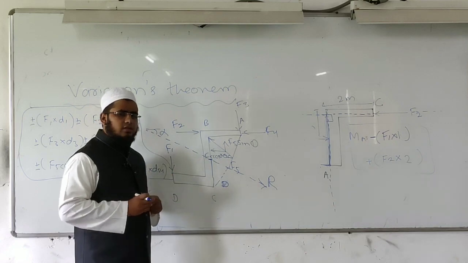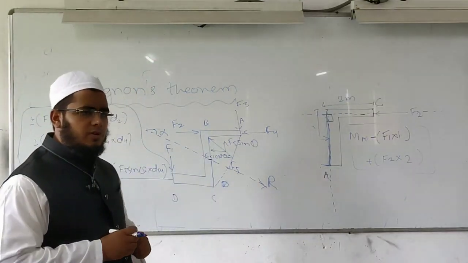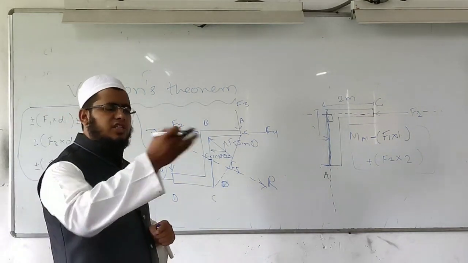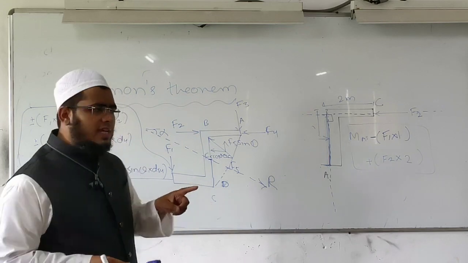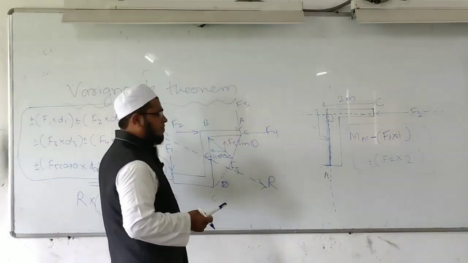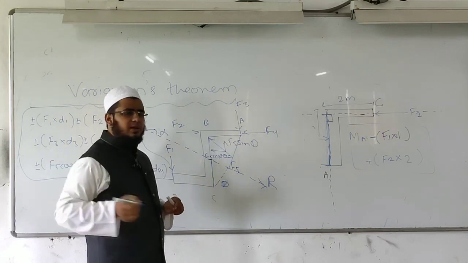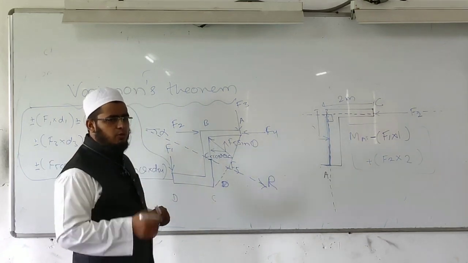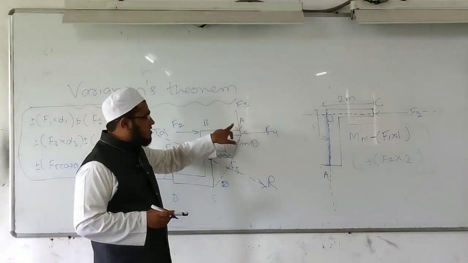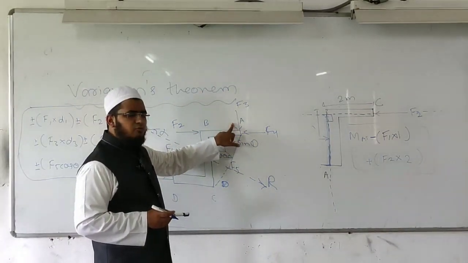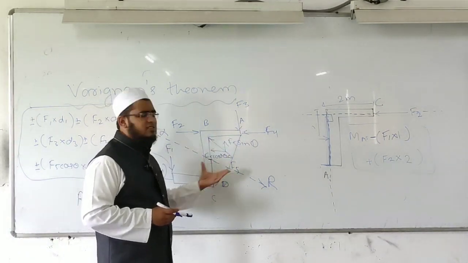In numericals, sometimes it is mentioned to determine the position of the resultant from a specific point, either A, B, or C. If it is given, then I will take the moment at that point only. And if it is not given, then we have to write considering point A as the moment center or B as the moment center. Because the point which is considered the moment center is the reference point from which we will measure the distance of the resultant.